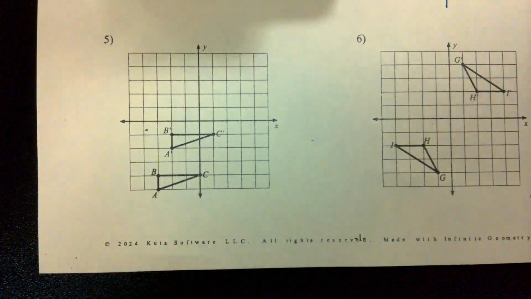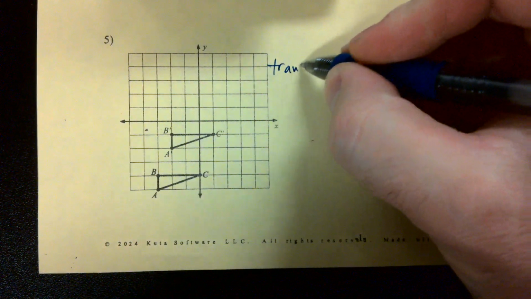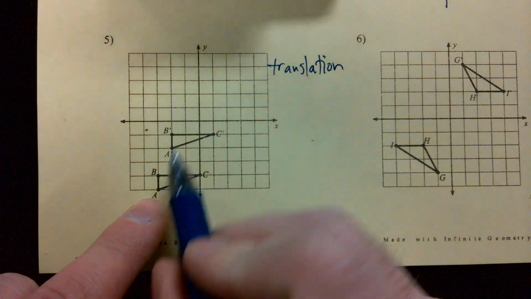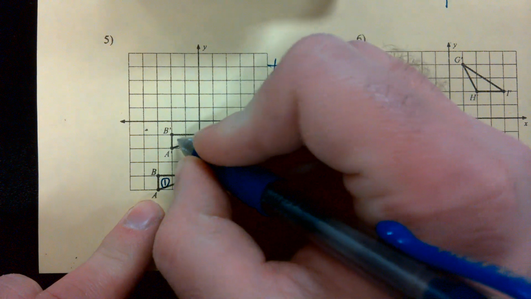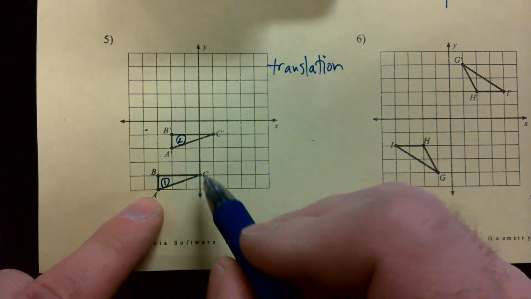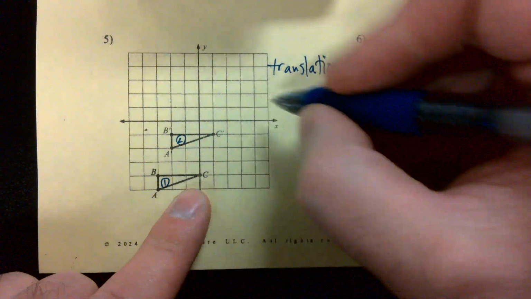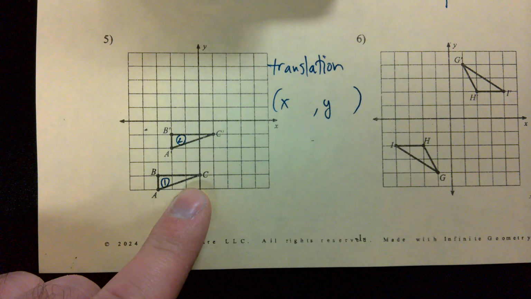Moving down, number 5. What's the transformation here? Translation. It looks like we just slid this figure up and over. Are we going to start at the bottom triangle or the top triangle? We're going to start at the bottom. There's no prime coordinates. So let's say I'm going to start at point C. It doesn't matter what point we count from. I know I'm going to do something to my x, and I'm going to do something to my y.